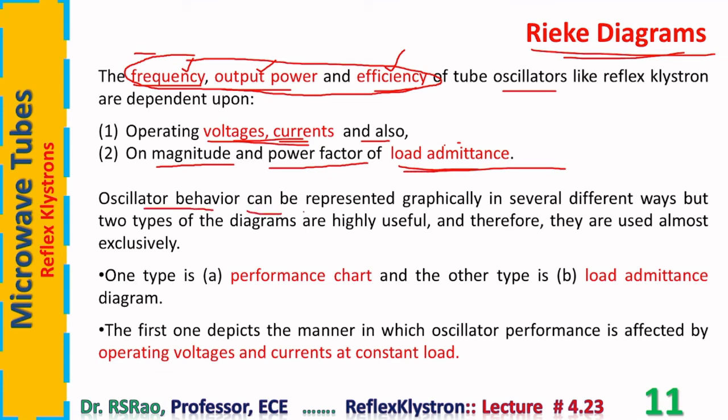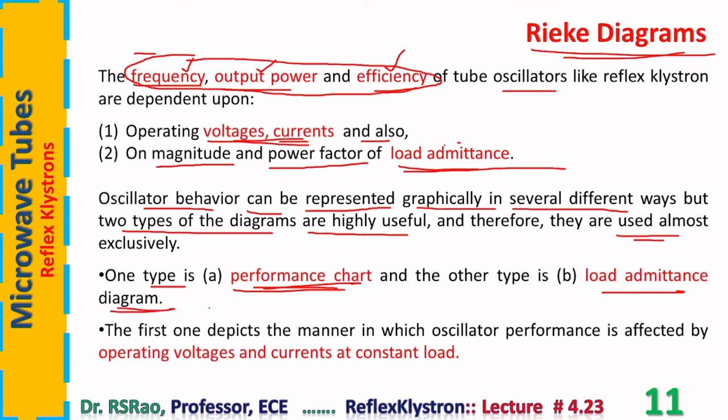Oscillator behavior can be represented graphically in several different ways, but two types of diagrams are highly useful and are therefore used exclusively while working with tube oscillators. One type is performance chart. Other type is load admittance diagram.